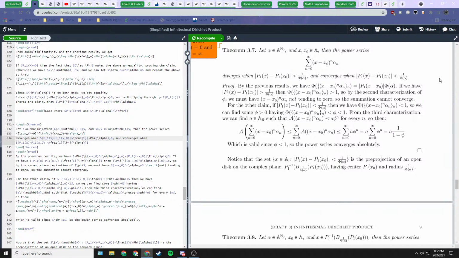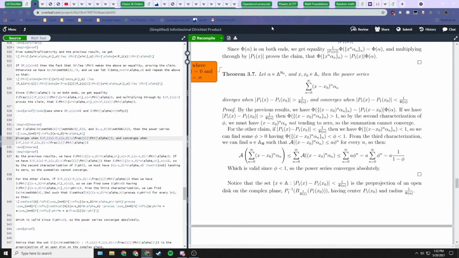But the proof for this statement is, by all of the previous results, we have this phi value as just this product of these terms. So assuming phi of alpha is finite, then we get this absolute difference. So actually here, this phi value of this exponential times this alpha n series is just the absolute value of p1 of the thing that we're taking the exponential of, times the phi of alpha.